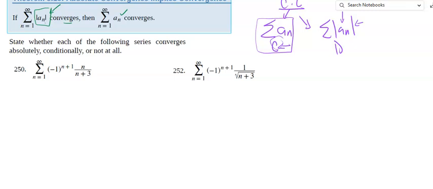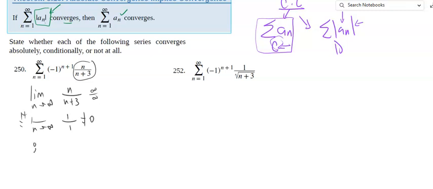I'm glancing at this. I already know that the limit as n approaches infinity of n over n plus 3 is infinity over infinity. By L'Hopital, the limit as n approaches infinity of 1 over 1, which doesn't equal 0. Therefore, it diverges by divergence test. Done deal.